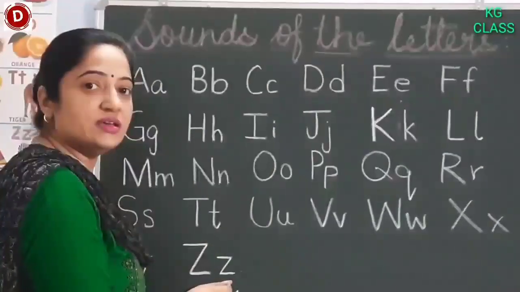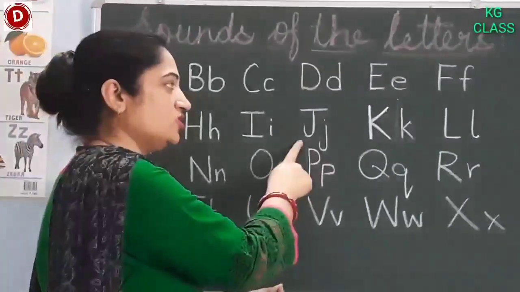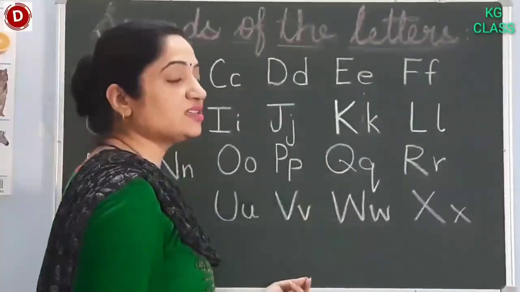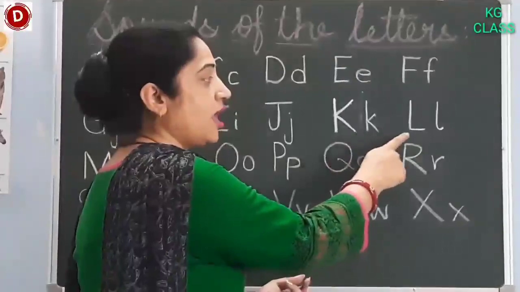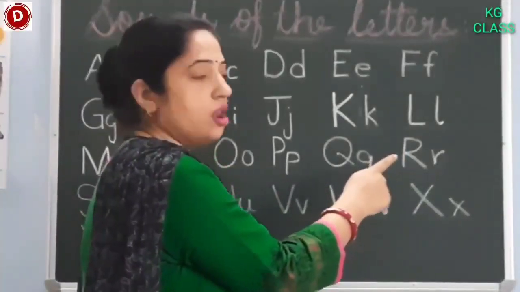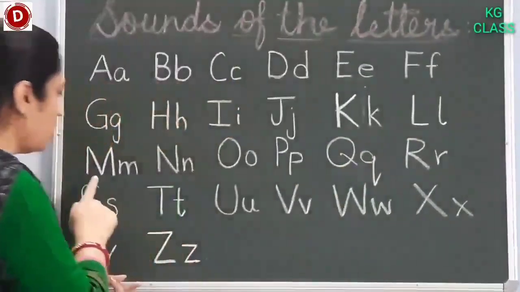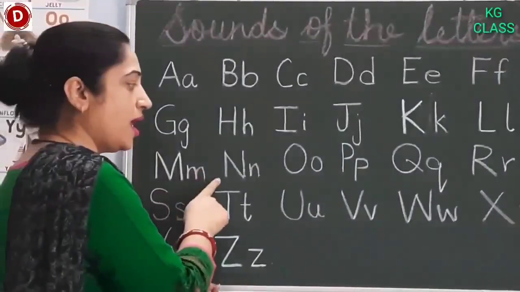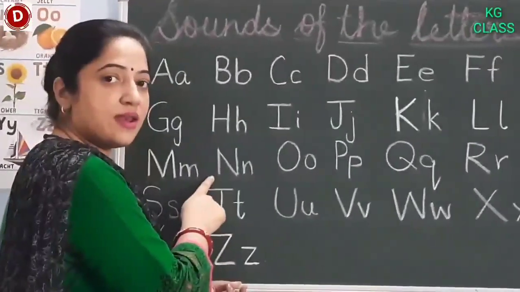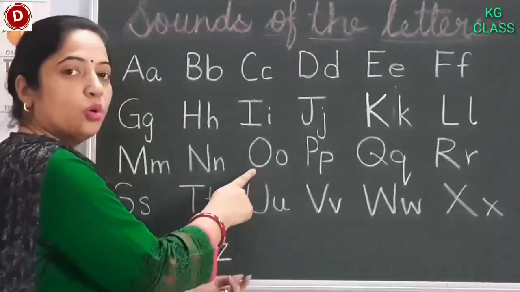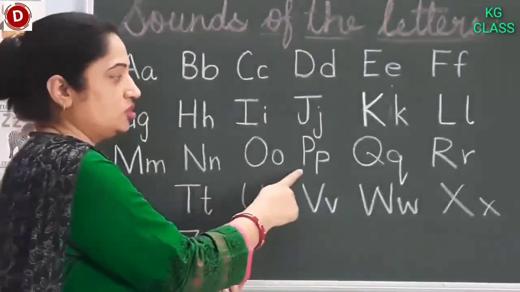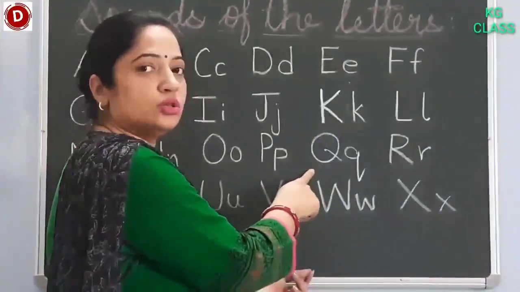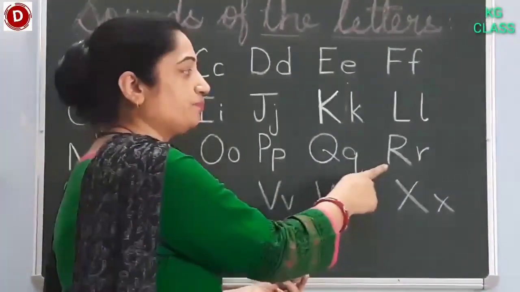I says egg pot. J says jam. K says kite. L says lion. M says monkey. N says nest. O says orange. P says parrot. Q says queen.